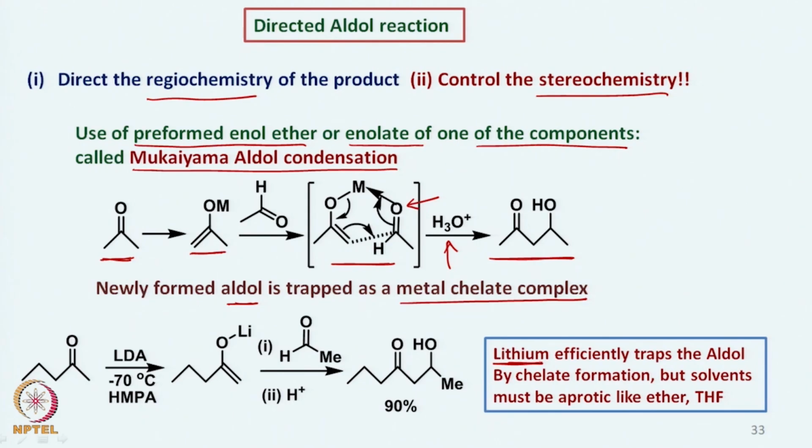Therefore, if the reaction, say for example of such a ketone, is done with LDA at -70 degrees in the presence of HMPA, basically to allow the nucleophilicity of the LDA to be high, because the HMPA coordinates with the lithium plus and the LDA becomes a better base, then at that temperature we generate an enolate from the less substituted side, and that reacts with the acetyl propanaldehyde to form this aldol, which of course has to be hydrolyzed, and we get 90% of it.